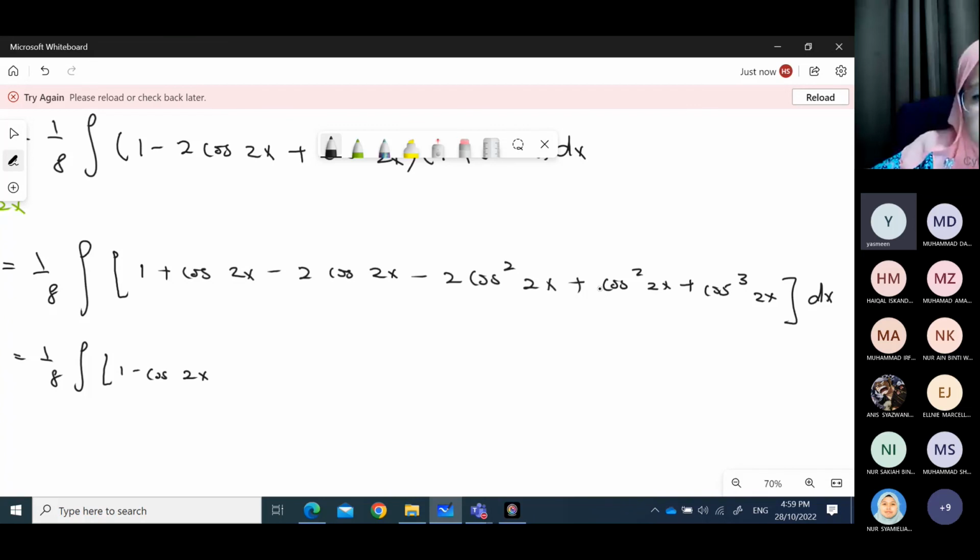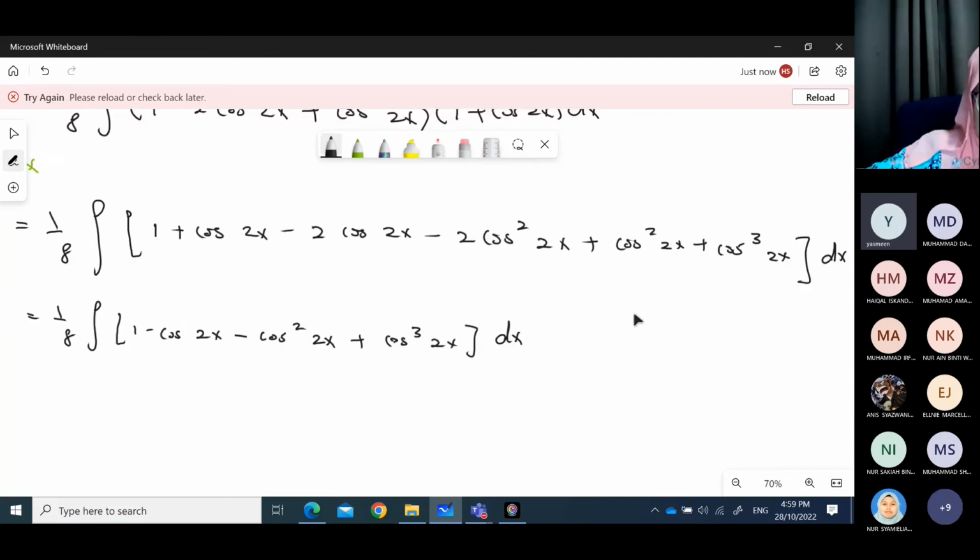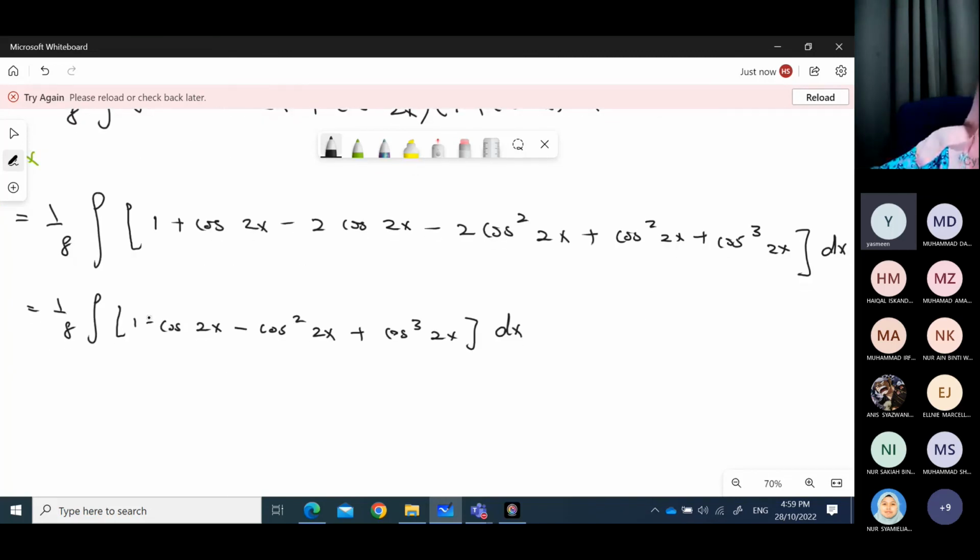Negative 2 plus 1 dekat sini. Negative 1 lah, negative 1 cosine squared 2x. So plus cosine cube 2x dx. Okay, so you boleh pecahkan. Yang ni dia akan jadi 3. Dia akan jadi 4. 1, 2, 3, 4.